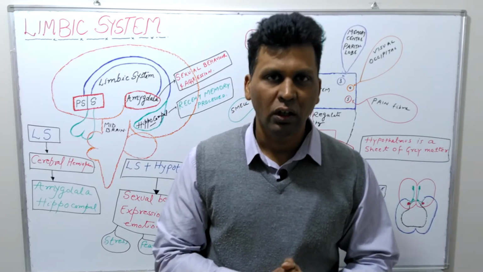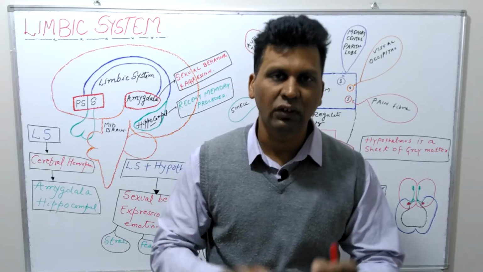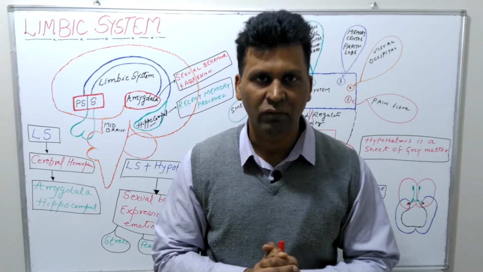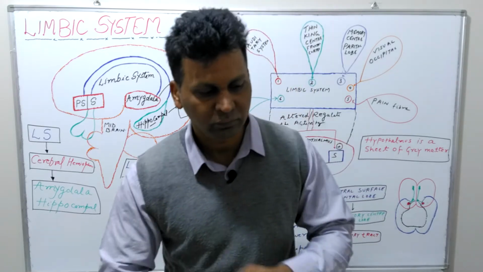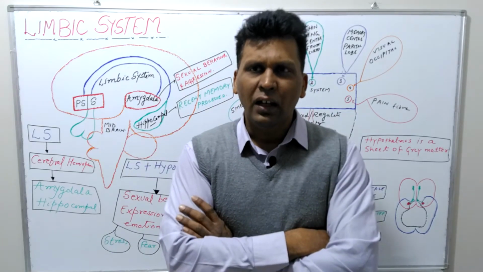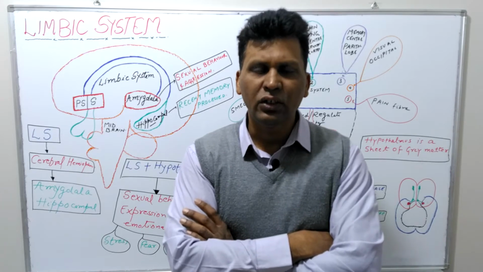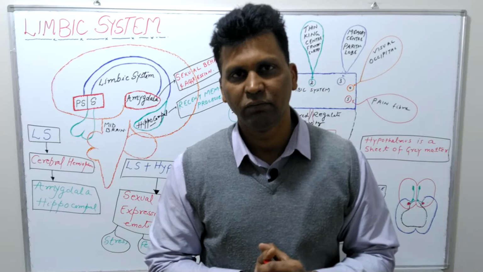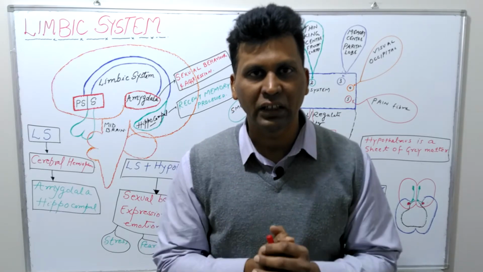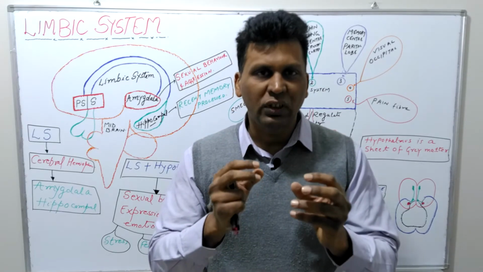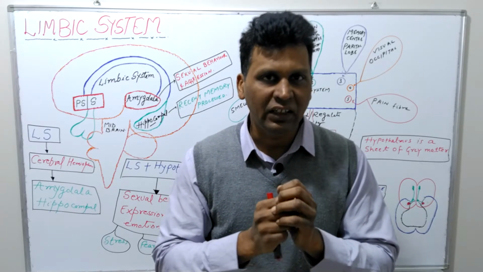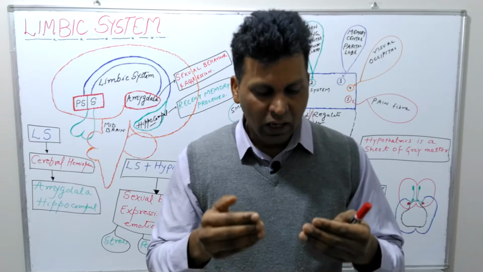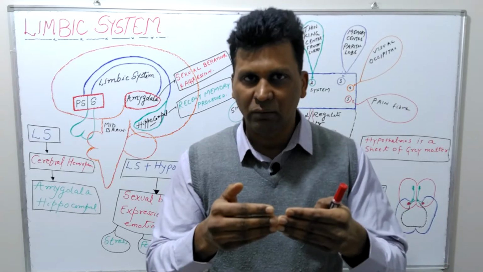It is also part of the cerebral hemisphere, a very important part which deals with our daily life. That is the limbic system. The limbic system is concerned with our emotional activity, in different situations, and with different structures attached to it.